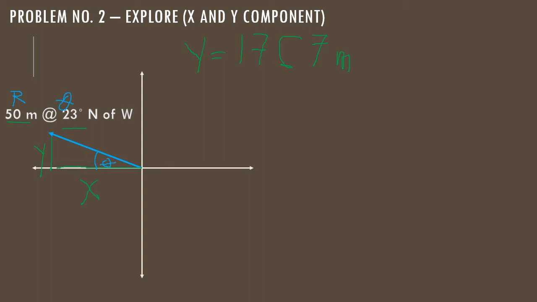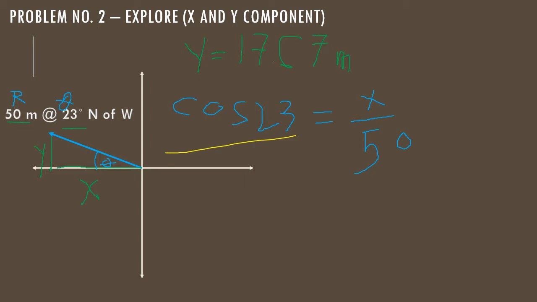So since yung x component ay located sa adjacent, so gagamitin natin ay cosine. So cosine 23 is equal to adjacent, or the x component, over the hypotenuse, which is the 50.